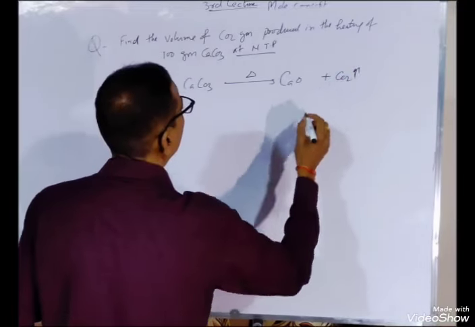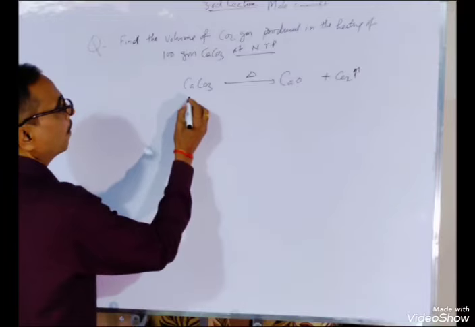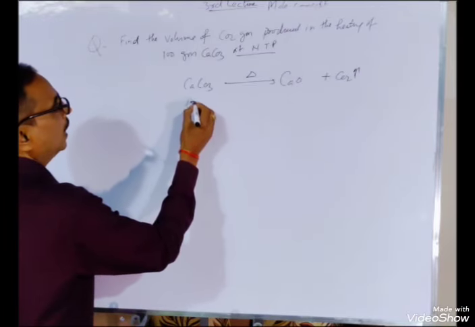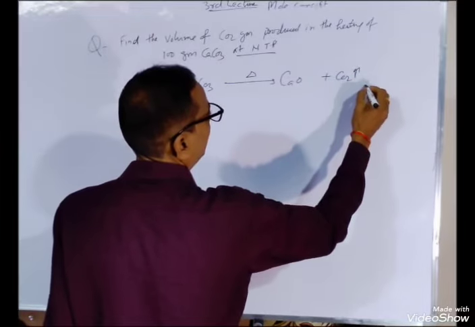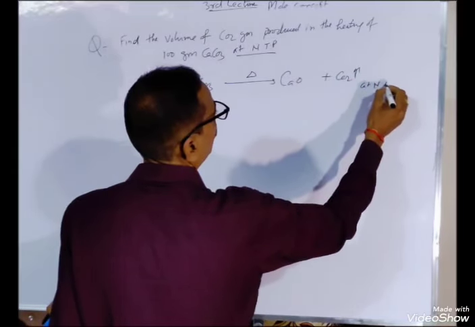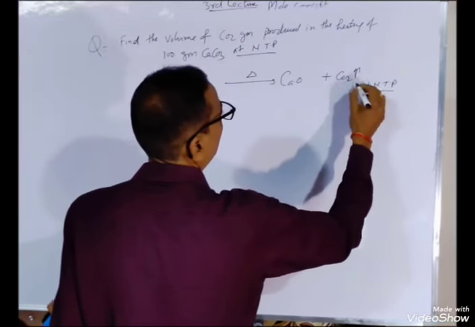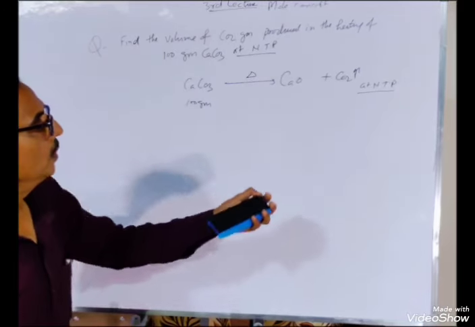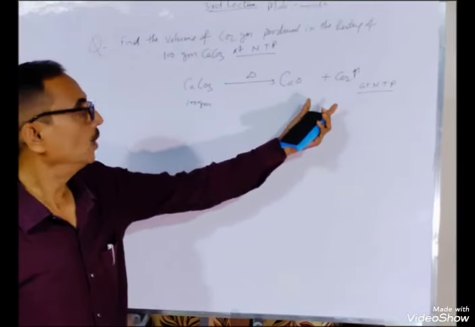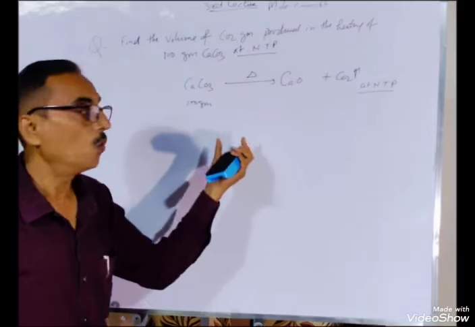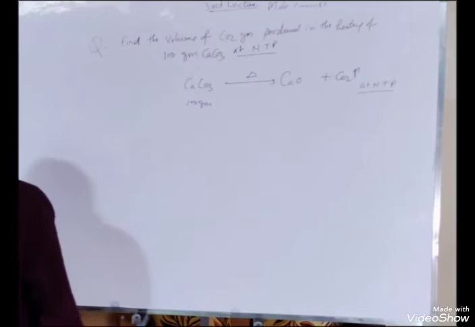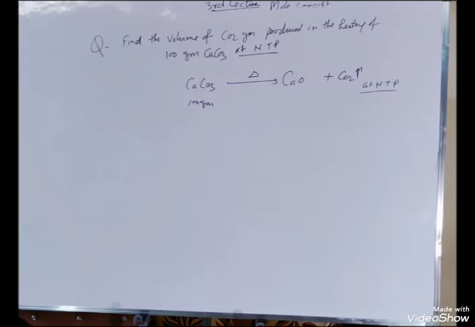Here 100 gram is given and CO2 will be collected at NTP. You have to calculate the volume of CO2 produced. I think you will do it in a similar way as I told in the example of KClO3 earlier.